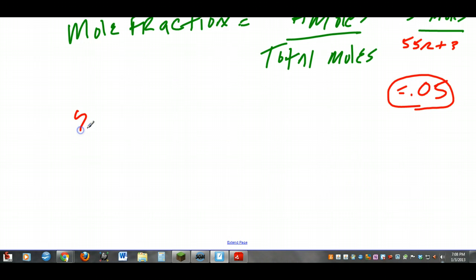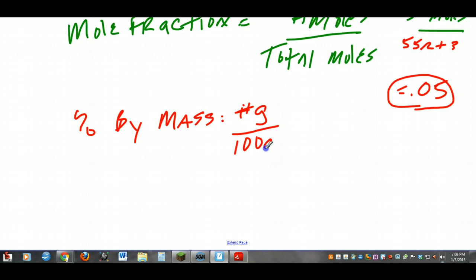percent by mass. That would be the number of grams of solute for every 100 grams of solution. Now once you have the numbers from the problems above, this is kind of simple.